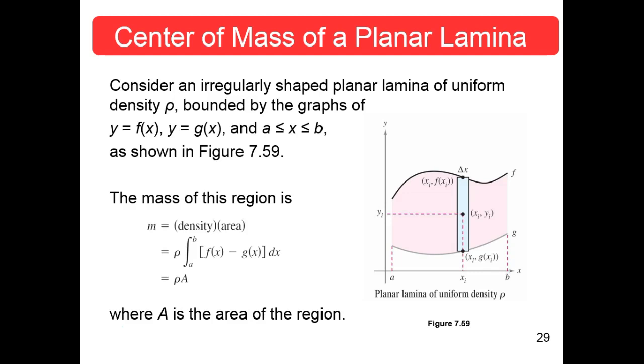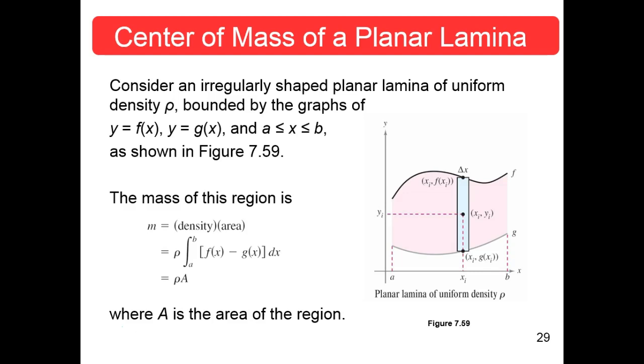The mass of that region, the total mass, is the density, which is uniform, constant, rho, times the area. What's the area of this? We did that several sections ago, didn't we? It's the summation of all your little rectangles here, as you go from a to b.